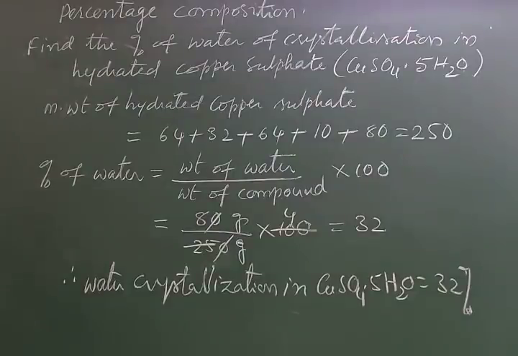That is, for every 100 grams of hydrated copper sulfate, there exists 32 grams of water in the form of water of crystallization.